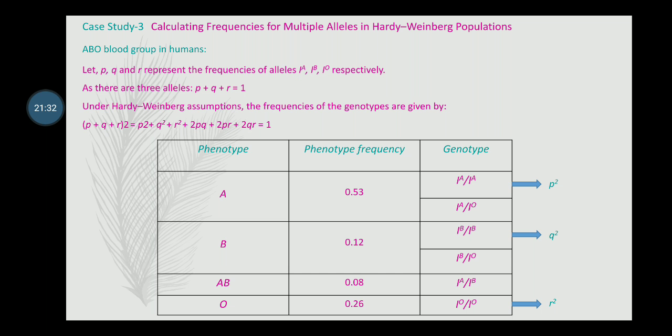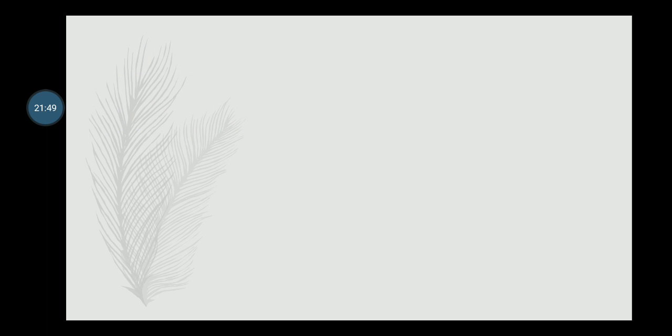Therefore, IA-IO is equal to 2PR, IB-IO is equal to 2QR, and IA-IB is equal to 2PQ. Now, after detecting these, we will go through the calculations. O blood group is equal to R square, whose phenotypic frequency is 0.26 given. Therefore, R is equal to the square root of 0.26, which is 0.51.